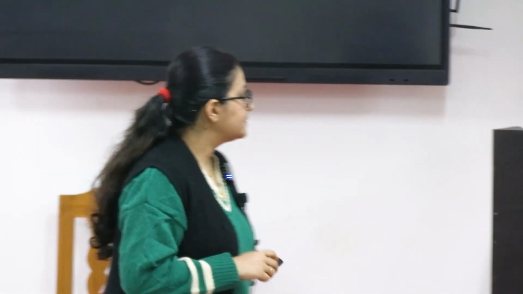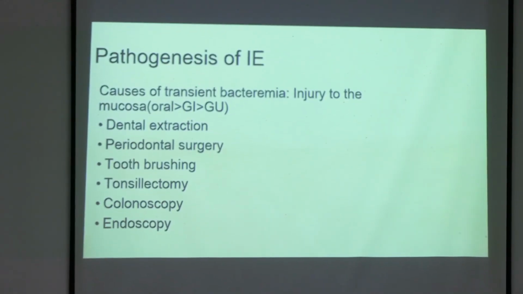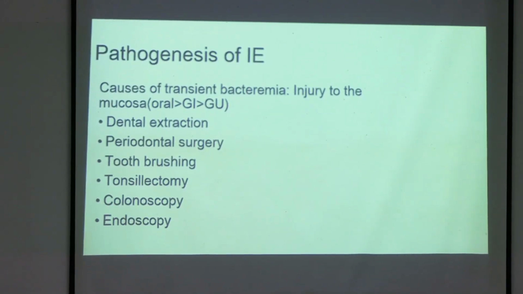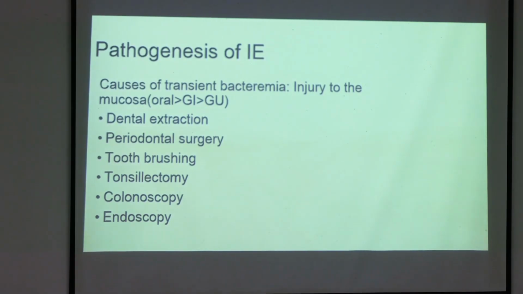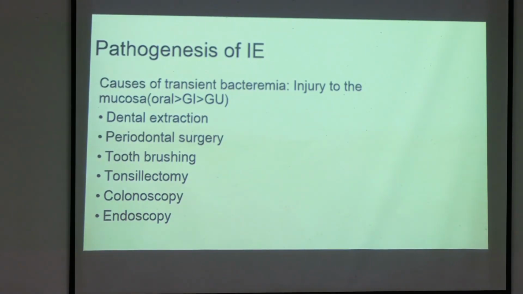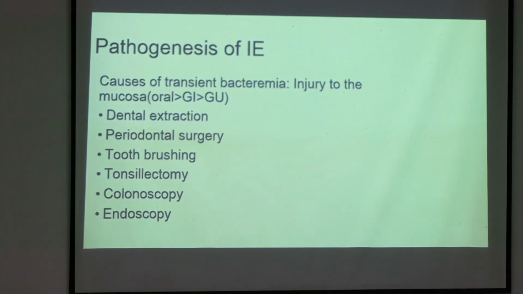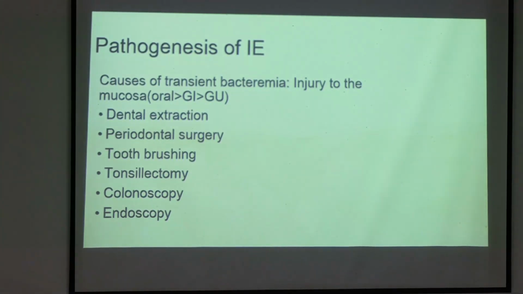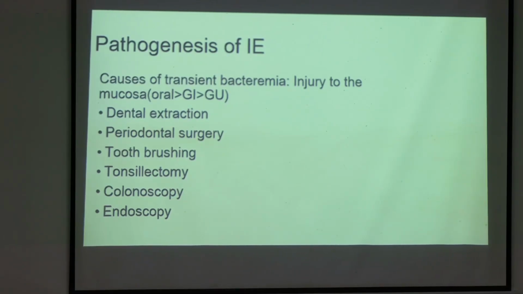So how does this transient bacteremia occur? It occurs due to injury to any of the mucosal surfaces, commonly the oral mucosa. Then you have the GIT and the genitourinary tract. Most commonly the oral mucosa, like dental extraction. You have some dental problems and you have extracted your tooth.